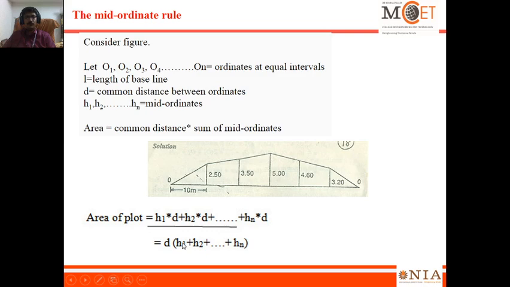So if you write the formula, you will see D by 2 into O1 plus On plus 2 times all the other ordinates. That is the general formula for the mid-ordinate rule. You can remember it that way also, right?